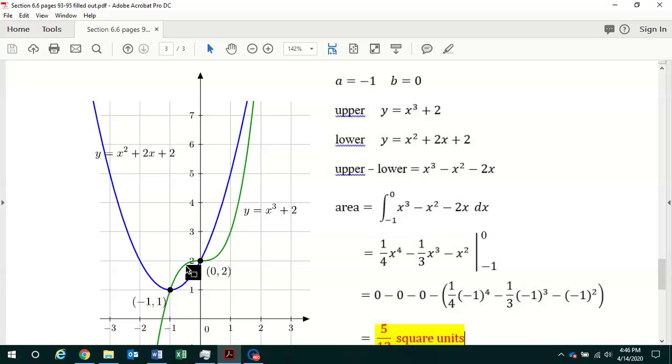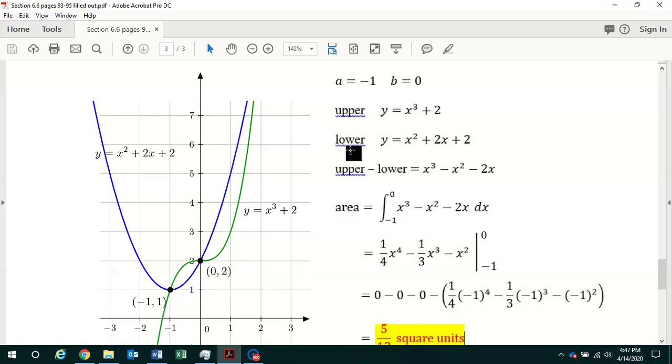You can see that x cubed plus 2 is the upper equation, and the parabola y equals x squared plus 2x plus 2 is the lower equation. And you see this area is completely contained inside this square, which has area of 1 square unit. So whatever the value of this area is, it has to be greater than 0 and less than 1.